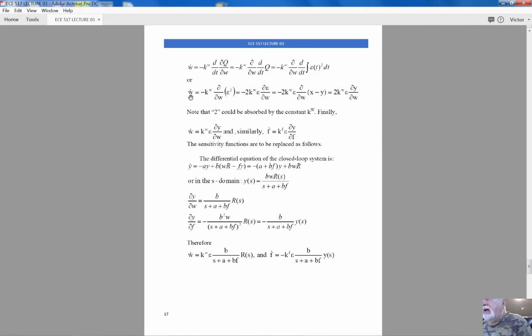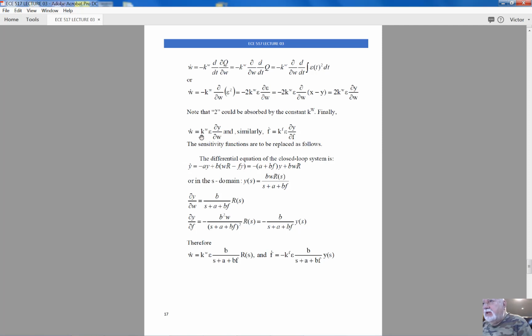So I rewrite this equation, and instead of having the sensitivity function here, I am using the derivative of the output. Actually, this is a sensitivity function. Yeah, I rewrote this expression using a sensitivity function.